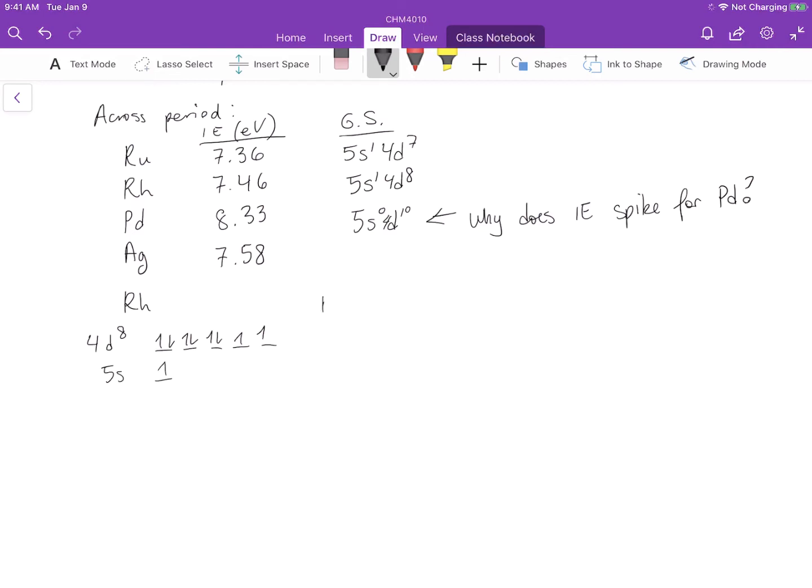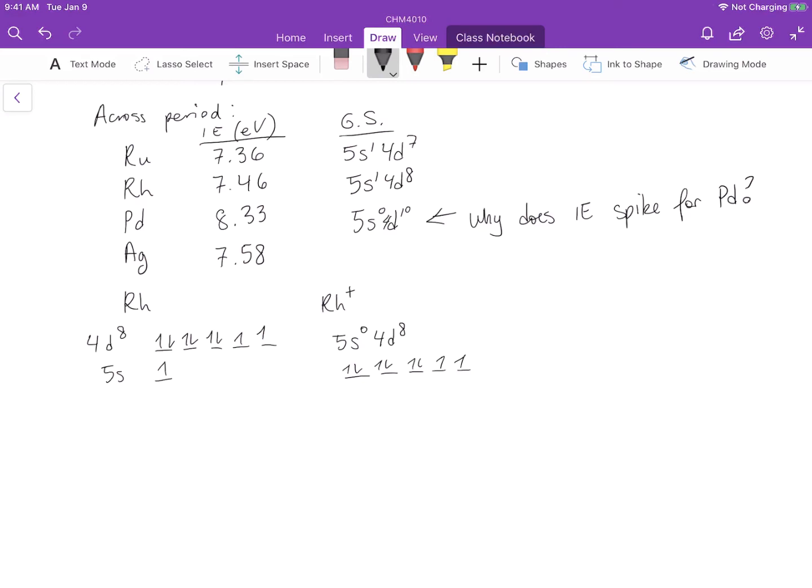If we compare it to rhodium plus, which is what would result from ionization, we would end up with 5s0, 4d8.